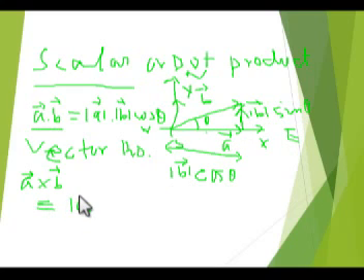It is the modulus of A times the modulus of B times sin theta, and the vector product has a direction also, because in the scalar product both have the same direction, so the directions cancel each other. But in the vector product there are two directions perpendicular to each other, one along the x-axis and one along the y-axis.